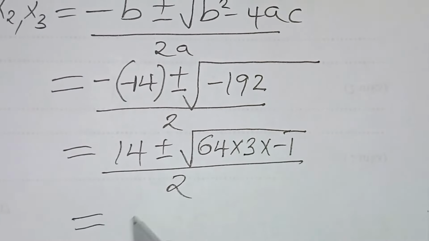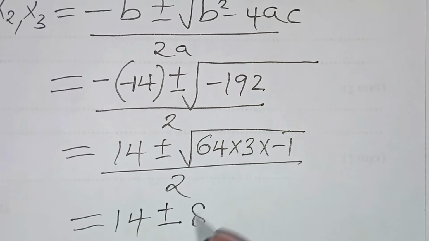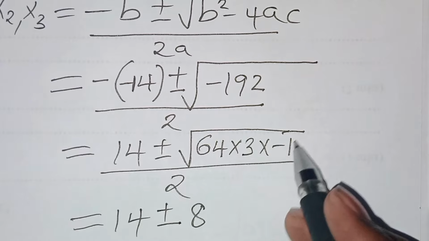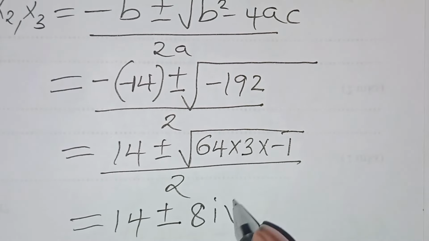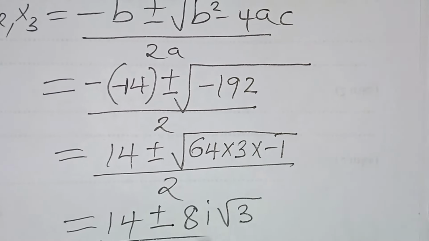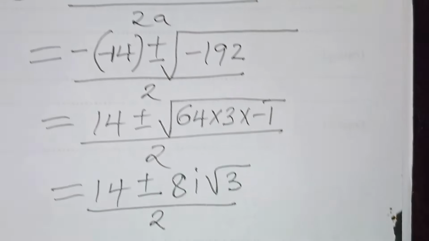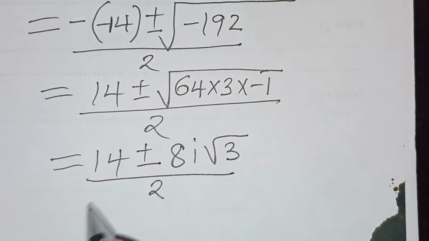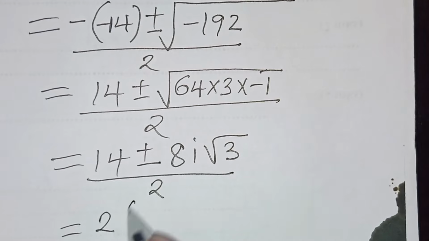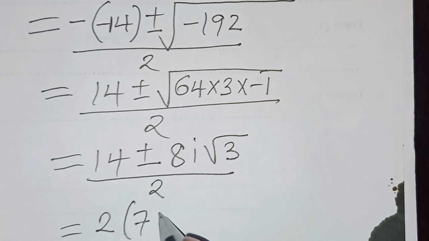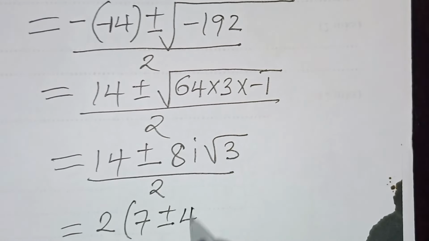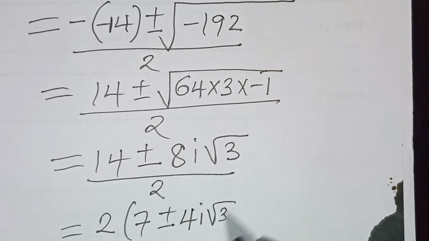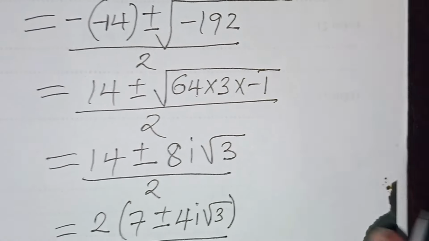So here we'll have 14 plus or minus the square root of 64 is 8, then the square root of negative 1, this is i, then square root of 3, all this divided by 2. So we can factor out 2 here, so we'll have 2 into the bracket here, 7 plus or minus 4i square root of 3, all this divided by 2.